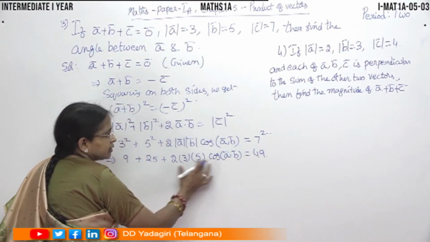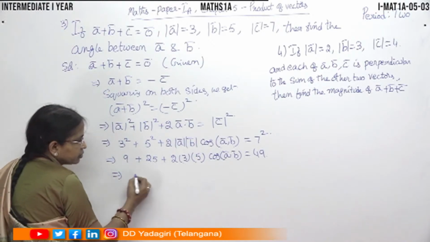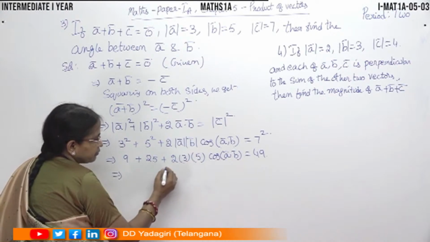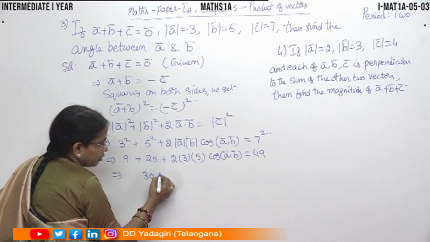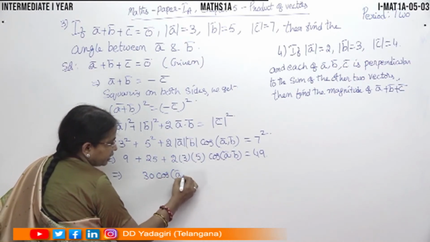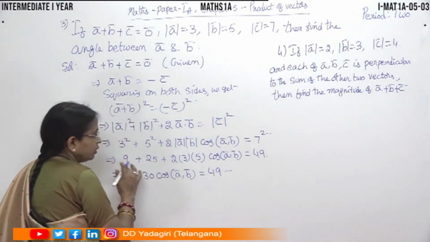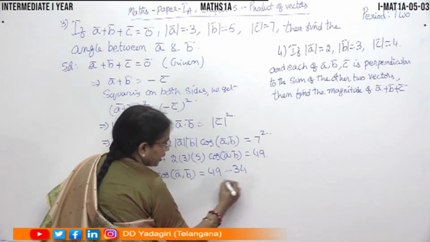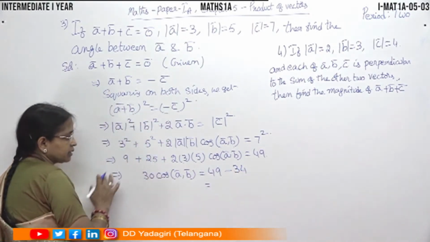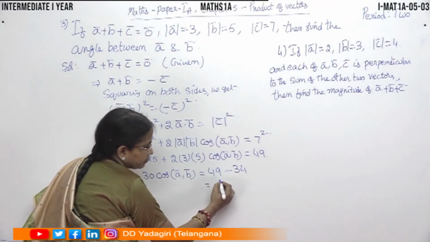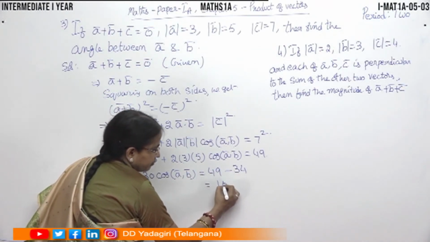Now just solve this for cos AB. 5 into 3 is 15, into 2 is 30. So 30 cos of angle between A and B is equal to 49 minus 34. When you add 25 plus 9 it is 34. So when you simplify it becomes 15.